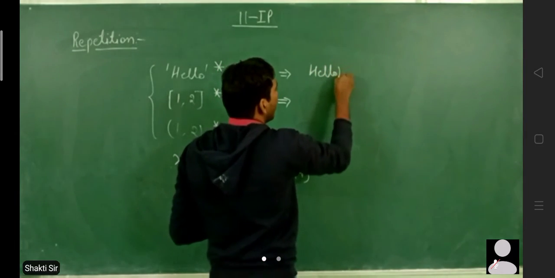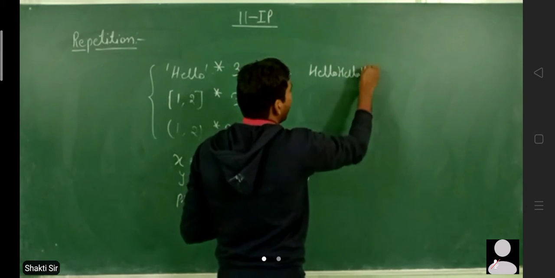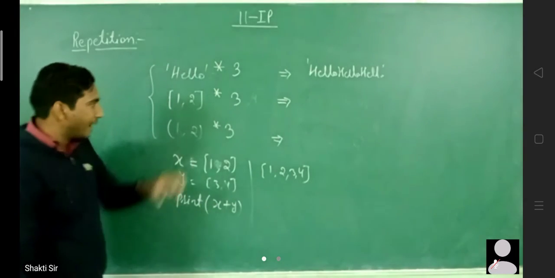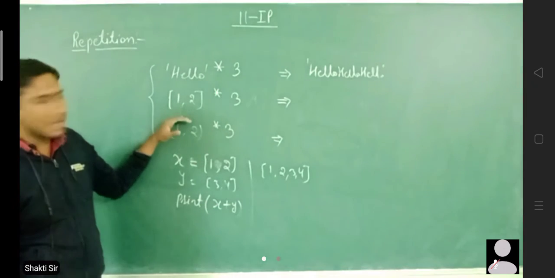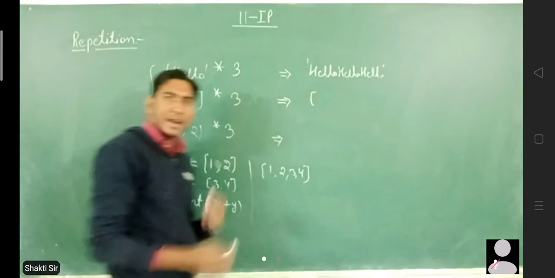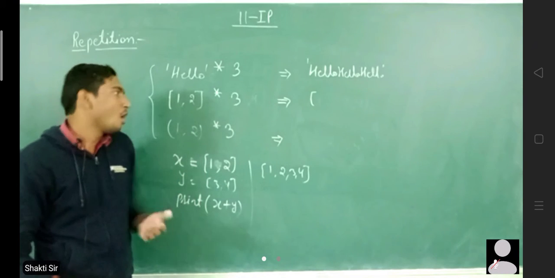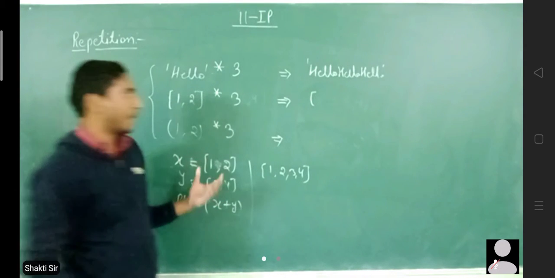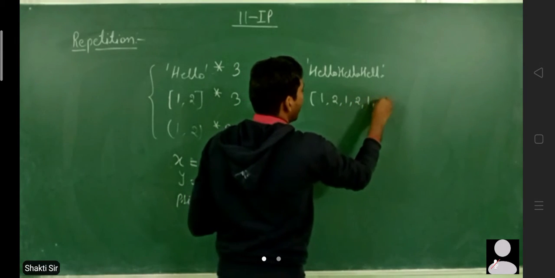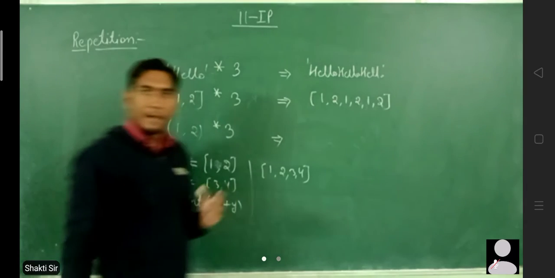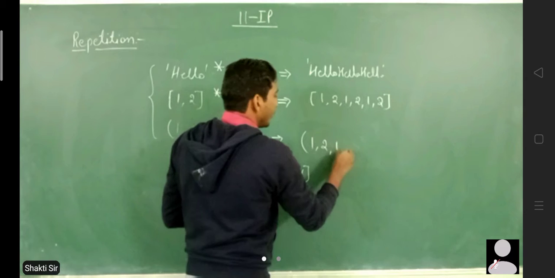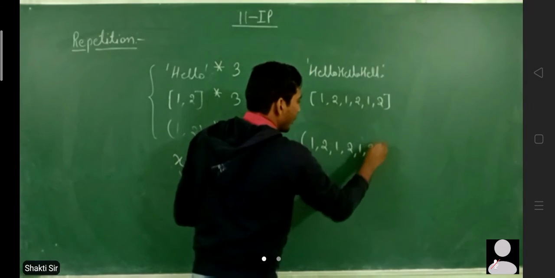In this case also the original list will be repeated 3 times, or concatenated to itself 3 times. So 1 comma 2, then 1 comma 2, and then 1 comma 2, and the output will be 1 comma 2, 1 comma 2 and 1 comma 2.